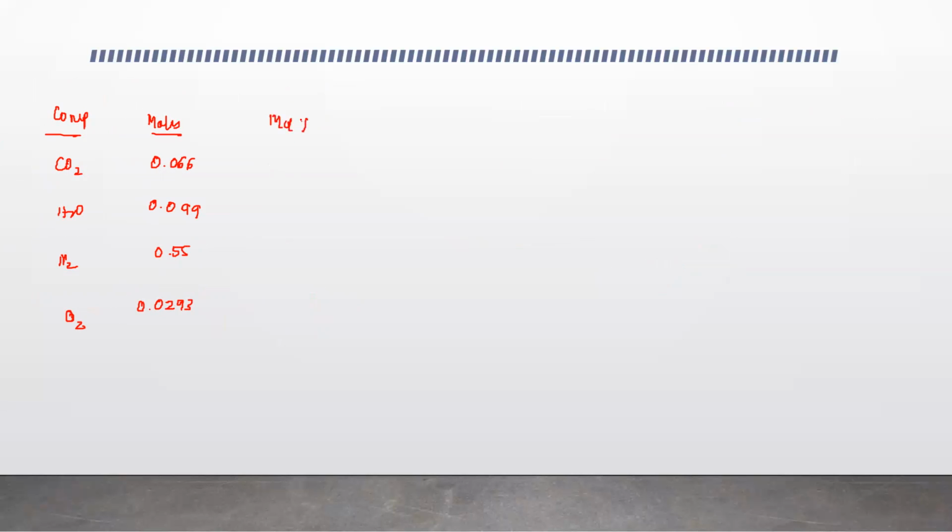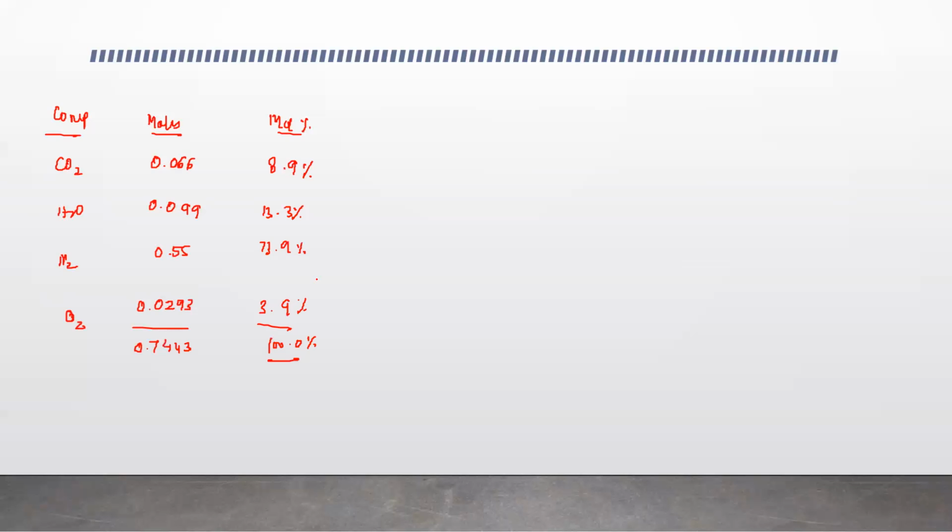The mole percent is each of these divided by the total, times 100. Total moles is 0.7443. So this is 8.9%, this is 13.3%, this is 73.9%, and this is 3.9%.